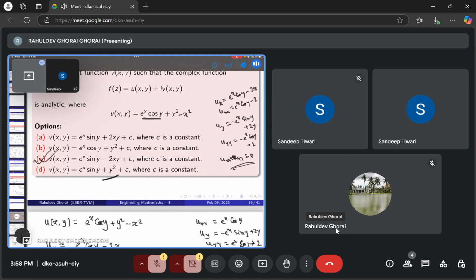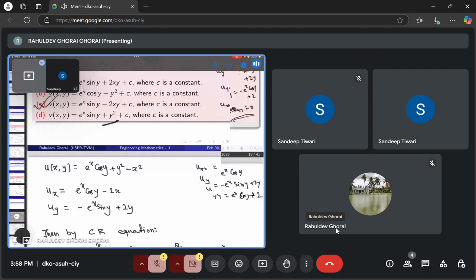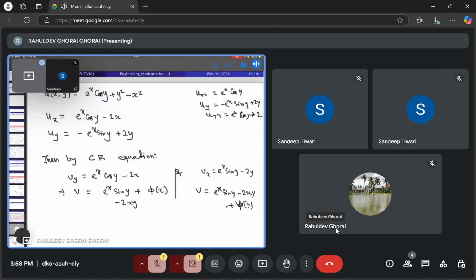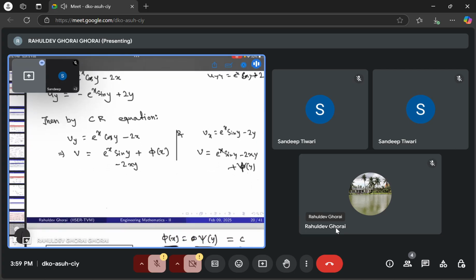So you take it like this, y square minus x square. And then you just use the CR equation, try to make v from both, and you will see v will be equal to, and both the v have to be equal, since they are the same function we are trying to find out, but we only have a difference in phi of x and psi of y.